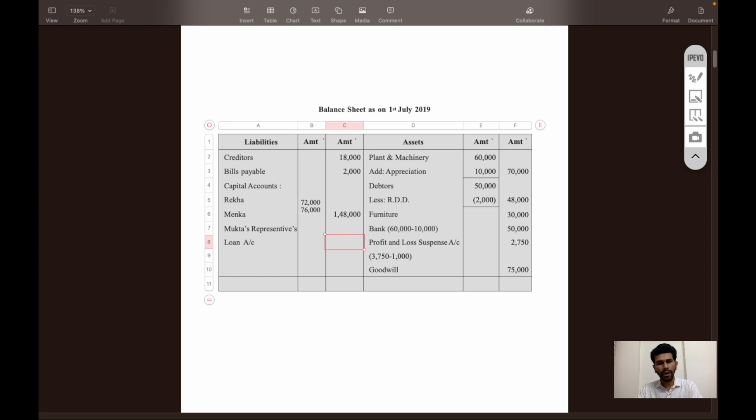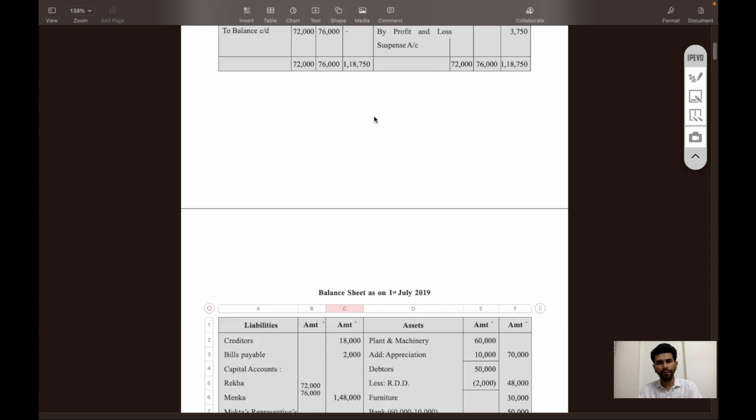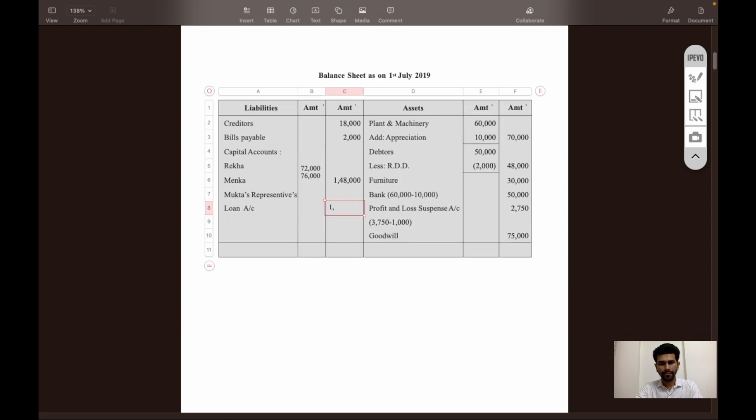Mukta's representative loan account will be 1,07,750. Now we will calculate total. Two lakh 75,750 liability side total. 2,75,750 asset side total. Balance sheet is tallied.